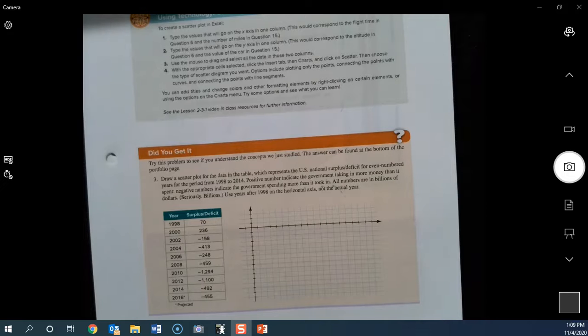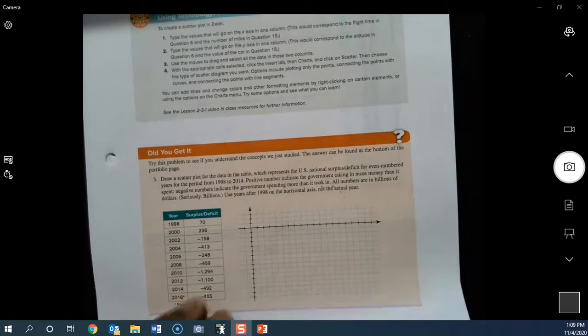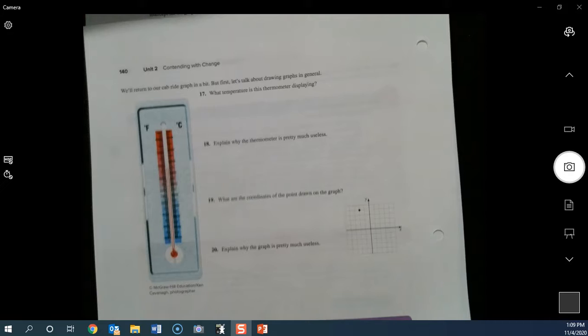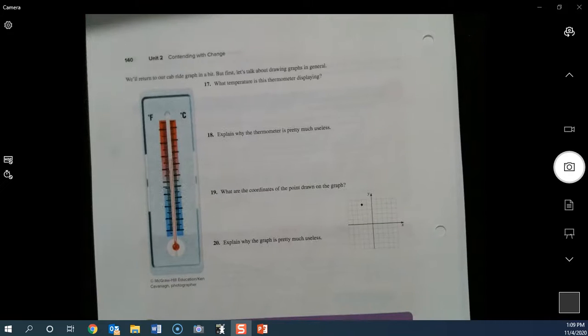Okay, so now we move on to page 140. Now on page 140, we don't have that many to do. It says here, we'll return to our cab ride graph in a bit, but first let's talk about drawing graphs in general. 17, what temperature is this thermometer displaying?